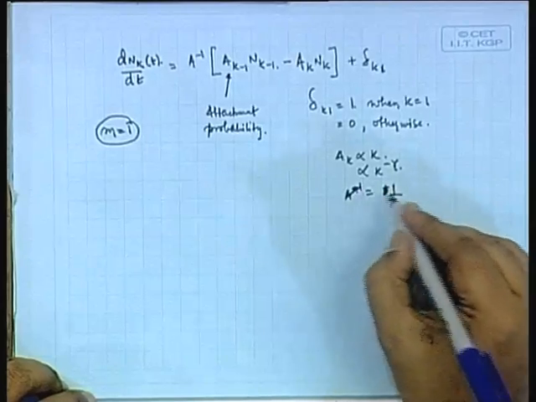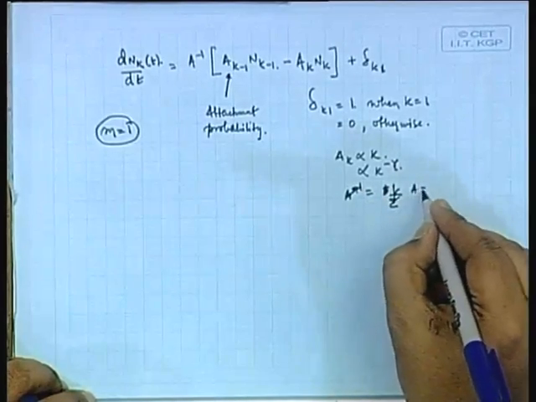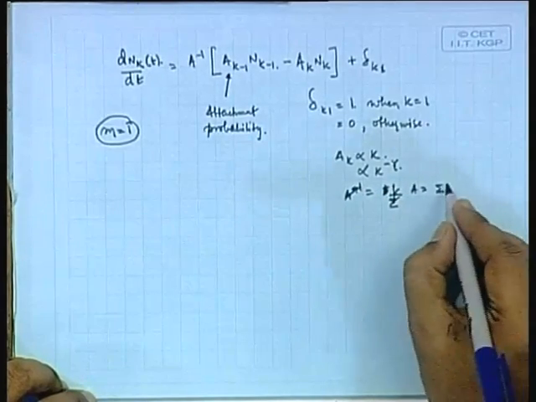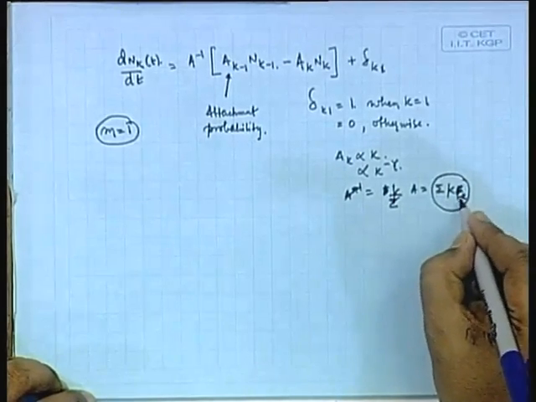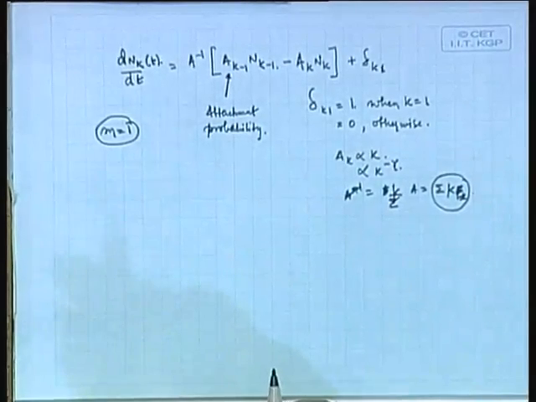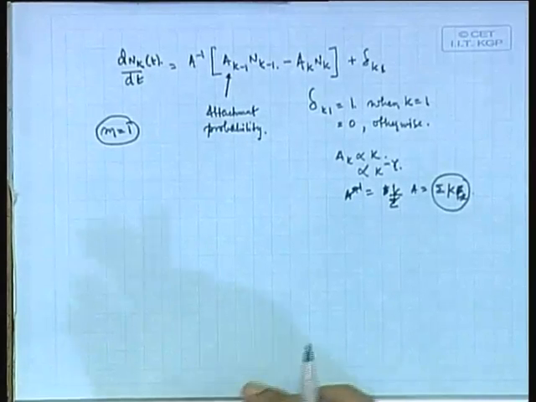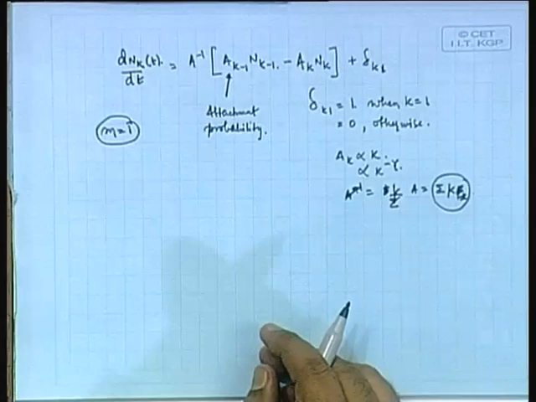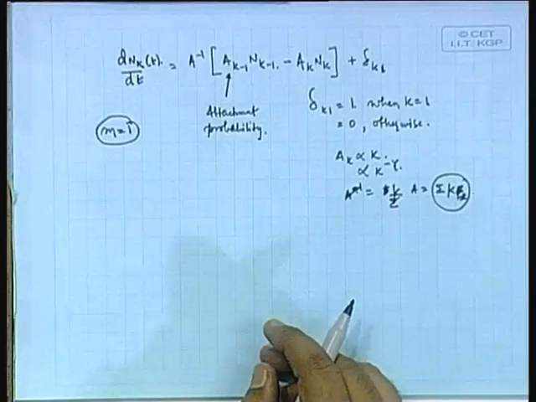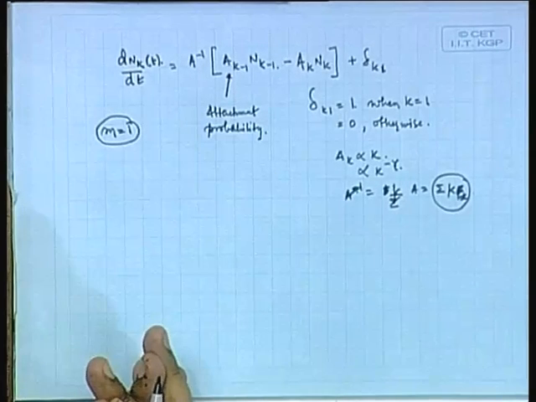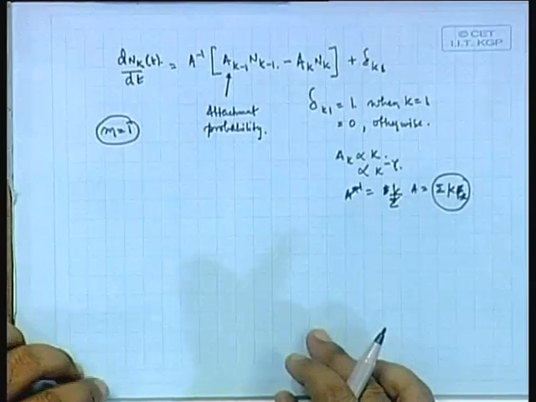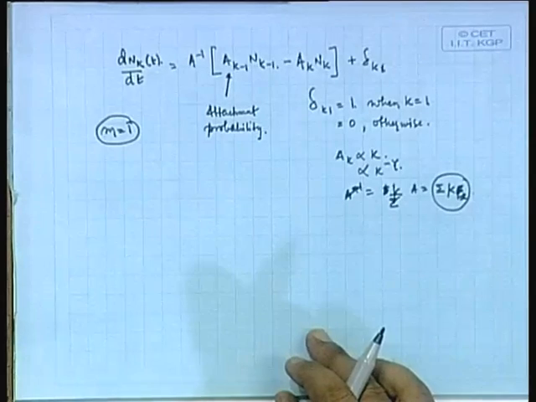So, A is equal to summation of kpk or something like this, we can think, summation of ki's. Okay. You have to have a normalizing constant. I hope this part is clear.